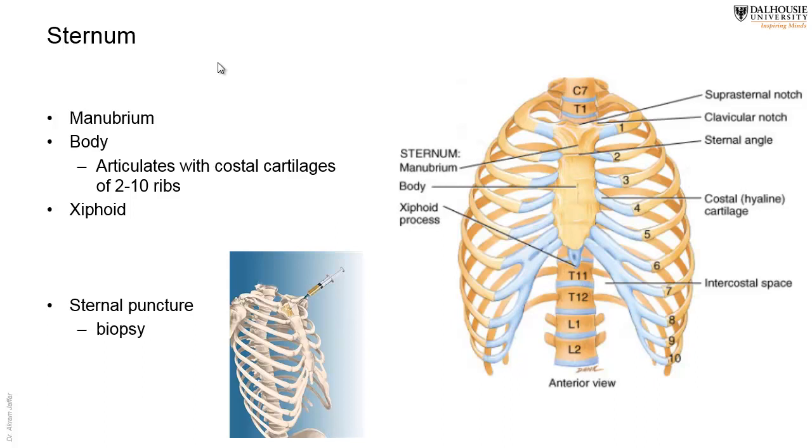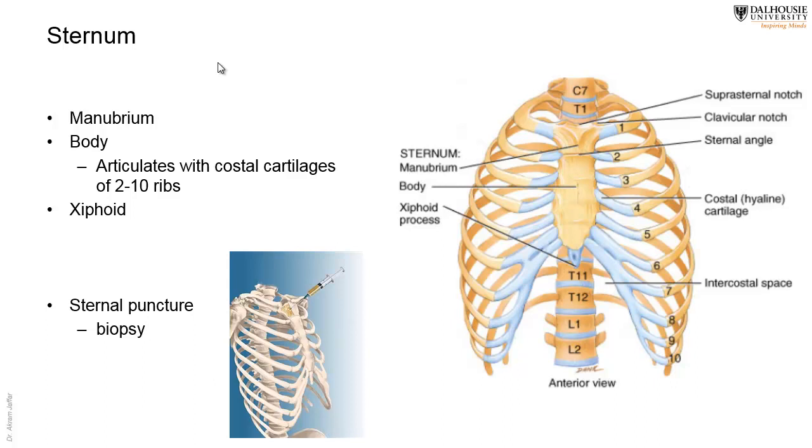So manubrium, body, and the xiphoid process are the parts of the sternum, and the sternum articulates with costal cartilages on the lateral side. Also, it articulates with the clavicle as part of the appendicular skeleton.